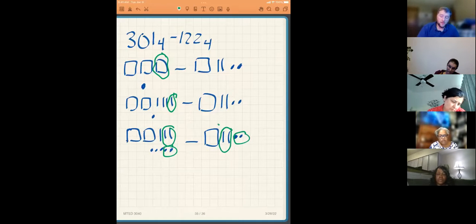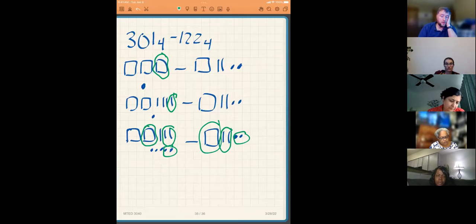I'm going to take 1 of these away from 1 of these. And what we're left with is 1 of the 100s, 1 of the 10s, and 3 of the 1s. Base 4.